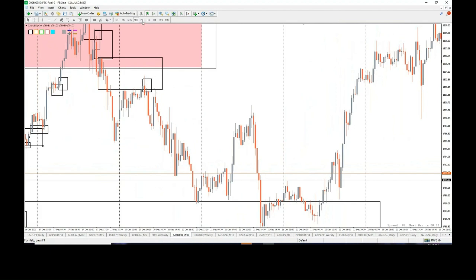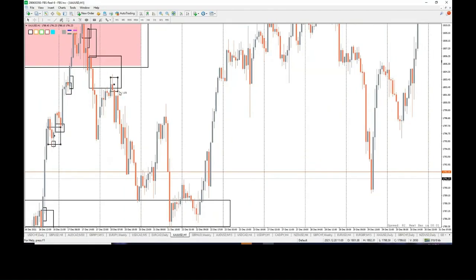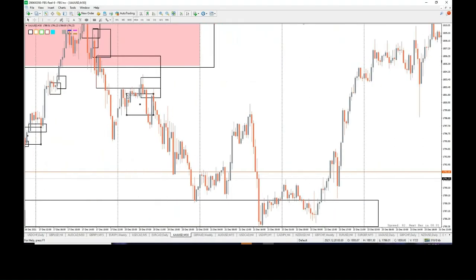And H1 is making one more engulfing, right? This is not engulfing, but it's most probably on the lower time frame, M30. There you go.